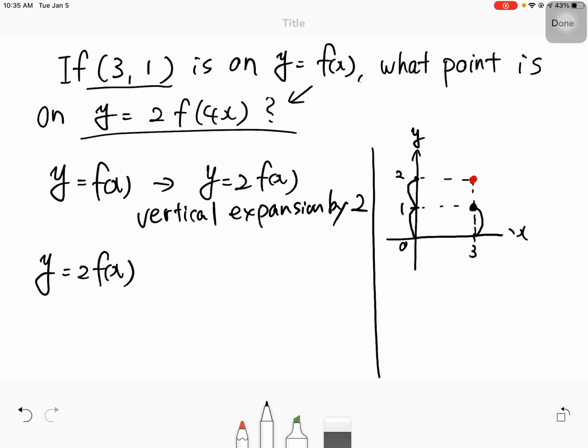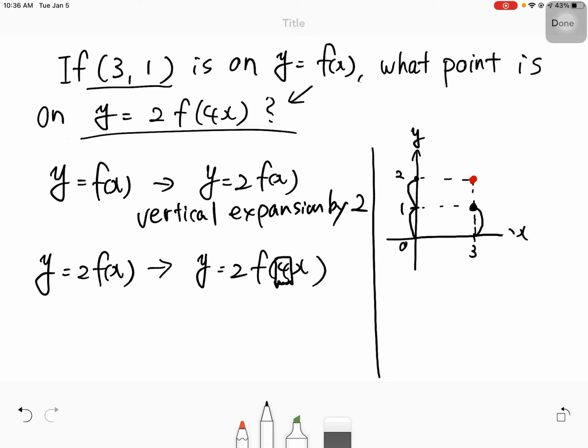So you have to transform again. If there's a value inside the bracket, I mean in front of x, this means horizontal expansion or compression.